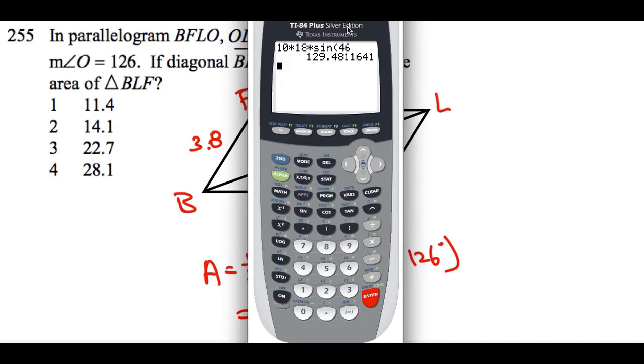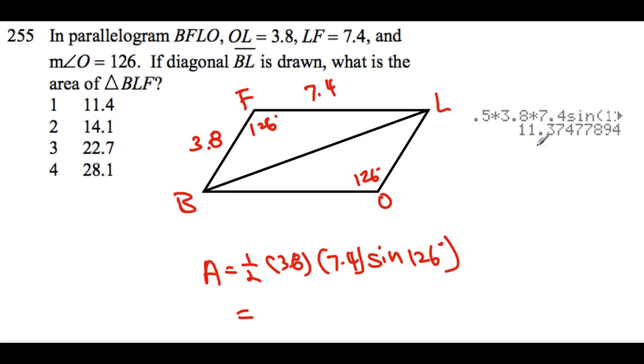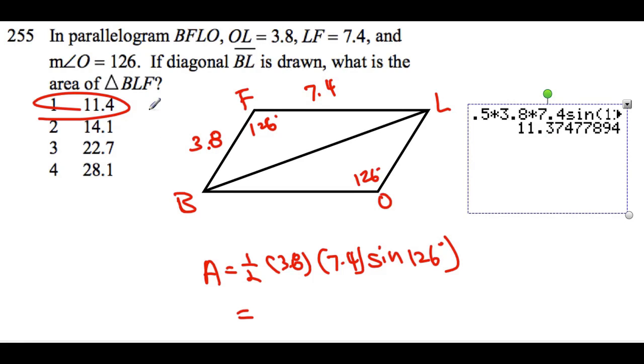Put that into calculator. 0.5 times 3.8 times 7.4 times sine of 126. So then our answer is 11.4, which is choice 1.